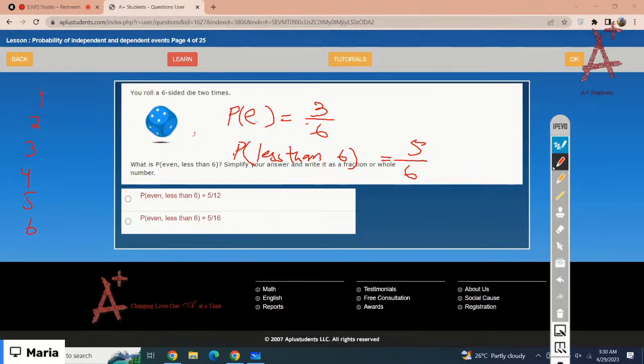Got it? So that means the probability of even and less than 6 is 3 by 6 times 5 by 6. So 3 times 5 is 15. Sorry.